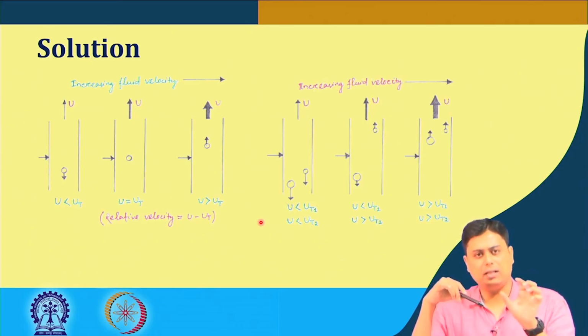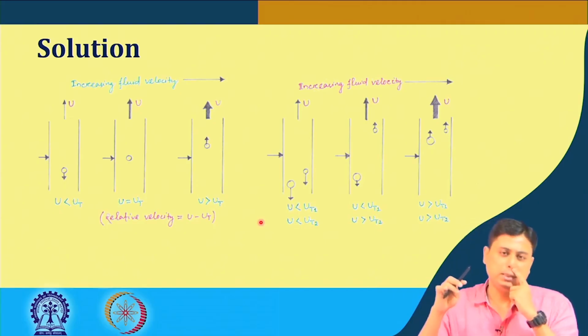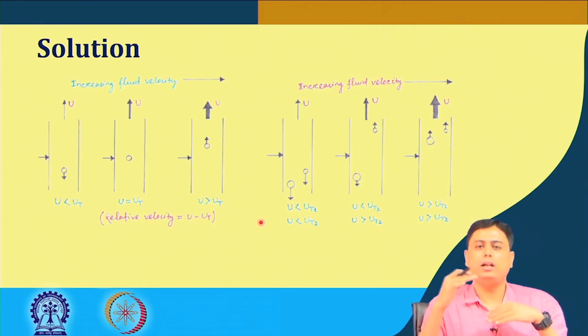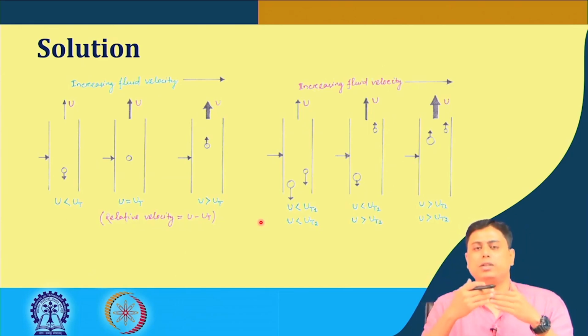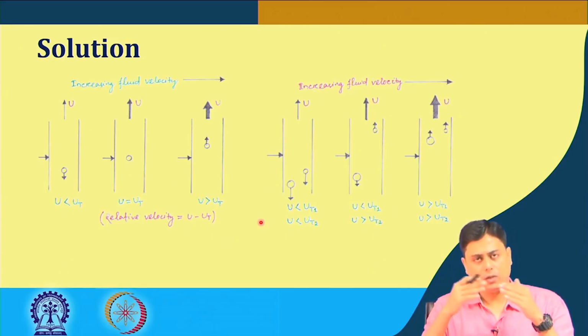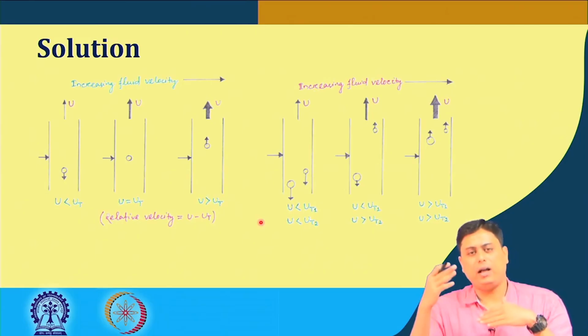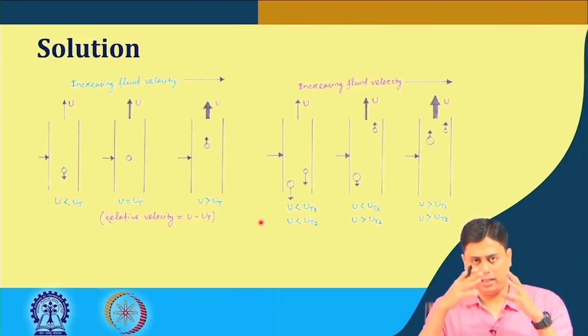If there is a gap between UT1 and u prime T1, then what will happen? This material will settle at different times, and you will have time to separate this material when it is settling. Or it can happen that the other materials are carried out and the bigger particles are settled.